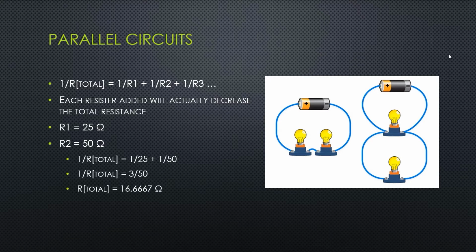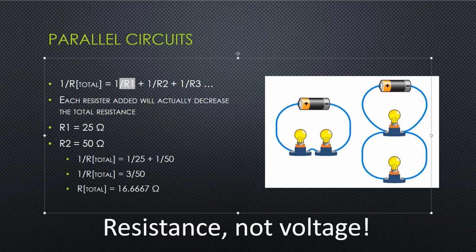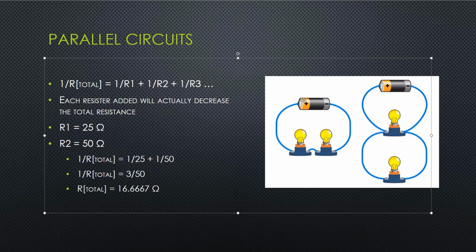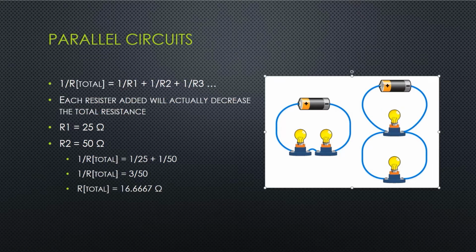Parallel circuits, on the other hand, have kind of an opposite effect. Their total resistance is 1 over resistance 1 plus 1 over resistance 2 plus 1 over resistance 3. It's parallel because the positive is all on this side and the negative is all on this side, rather than daisy chaining like the series circuit here.